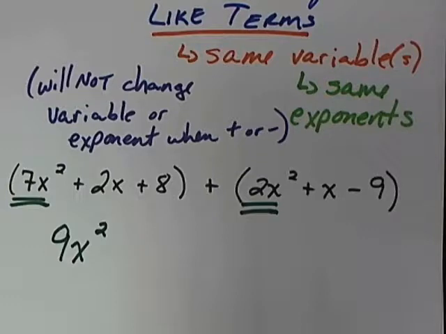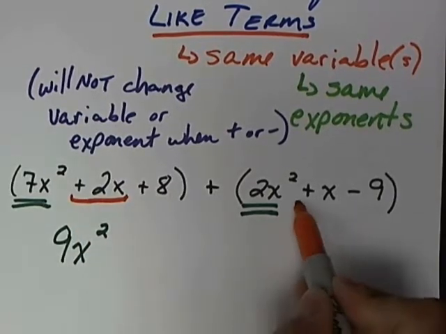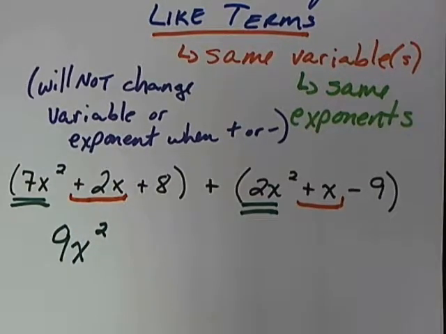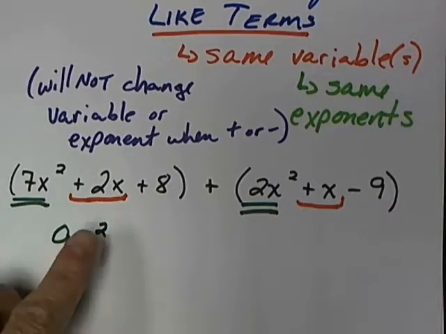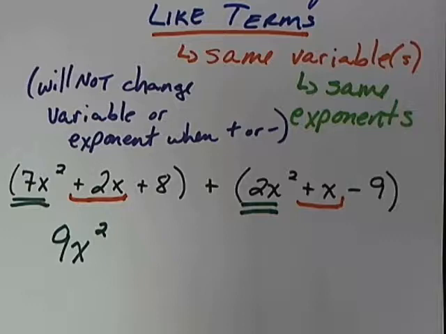Now I go to my next term. Because we started with the highest exponent, you just go in decreasing order from there. So the next thing I'm going to look for is an x. Here's an x. Here's an x. So I have 2x plus x. What is that going to give us? What's the number in front of this x? The coefficient is 2. What's the coefficient on the other x?